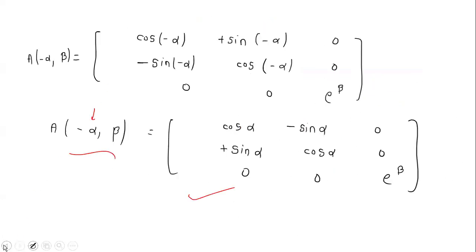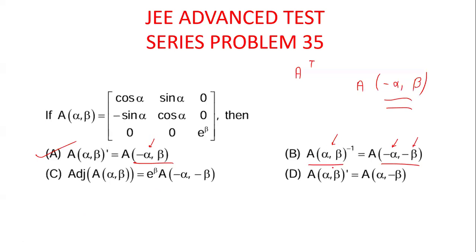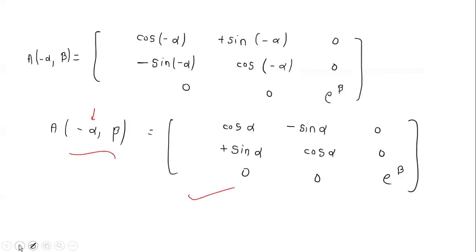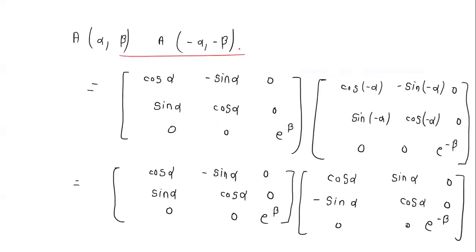So if you see here, we have this A matrix, and this A matrix with alpha replaced by minus alpha and beta replaced by minus beta. If you take the product of these two matrices, this is our original A matrix, and in the same matrix I replaced alpha by minus alpha everywhere and beta by minus beta. So now if you do the product, this row and this column will become cos square alpha plus sin square alpha.